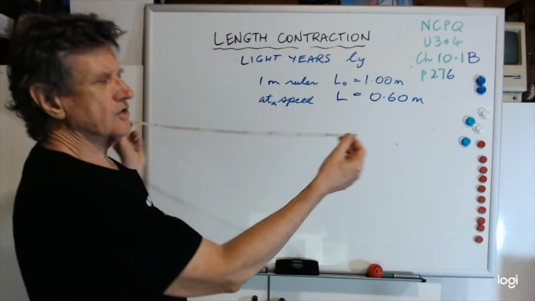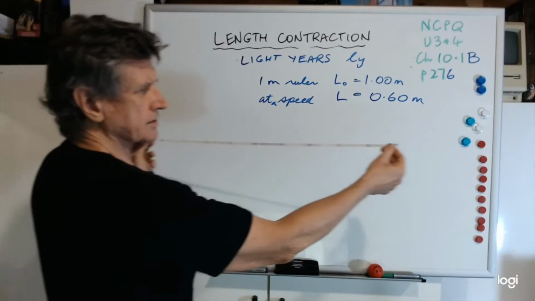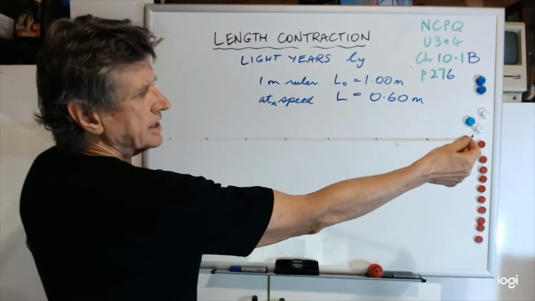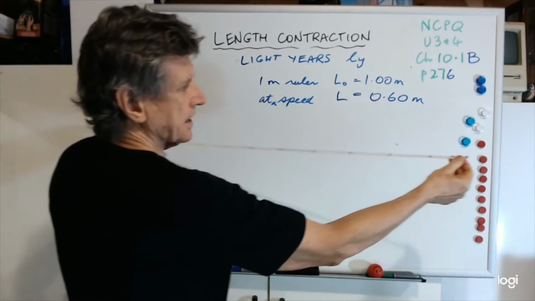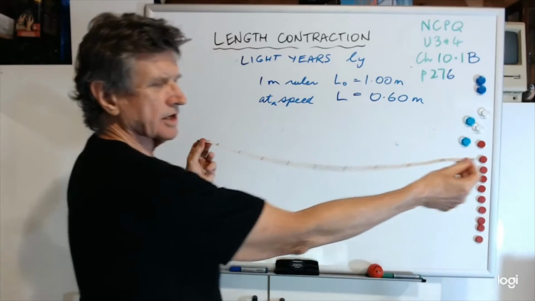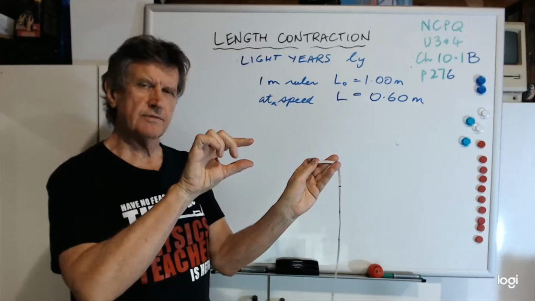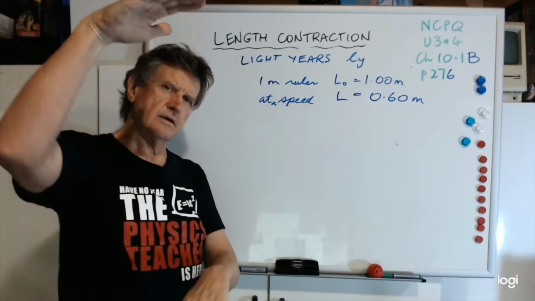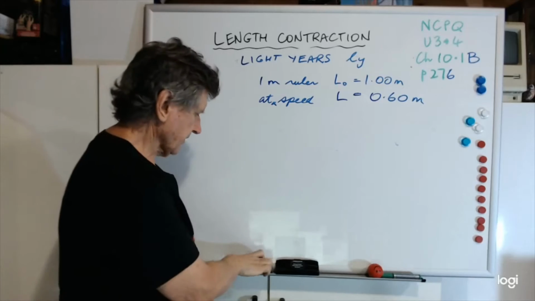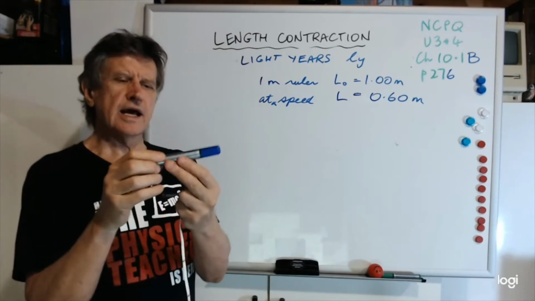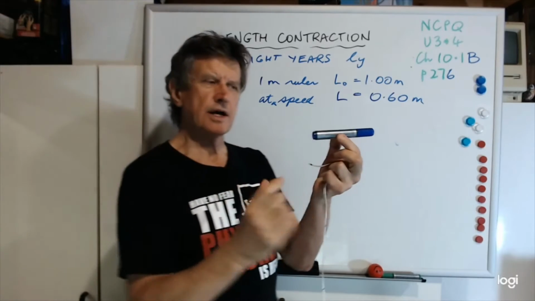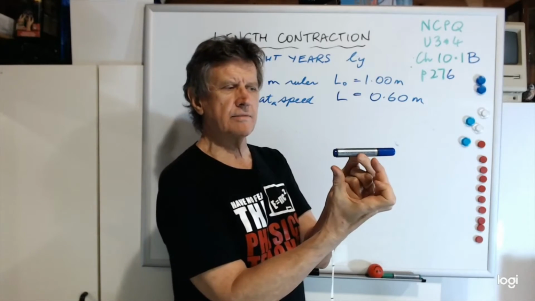Now, it's only contracted in the direction of motion. So this thing here, it was a meter ruler, but as it goes past you, it contracts in that direction. But what you'll notice, it hasn't contracted in the up and down direction, because that height, if you're looking at a pen, as that travelled at high speed past you, it would contract in that dimension.